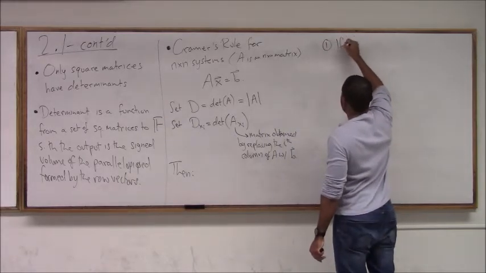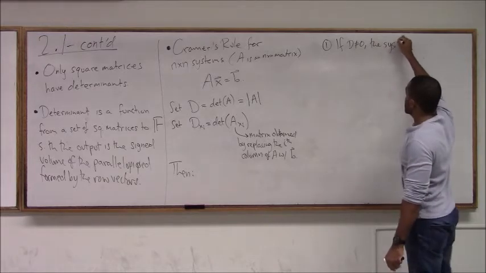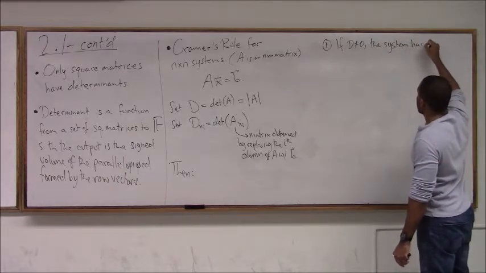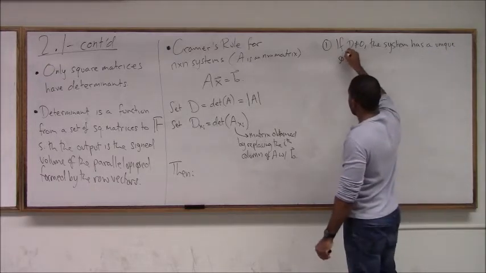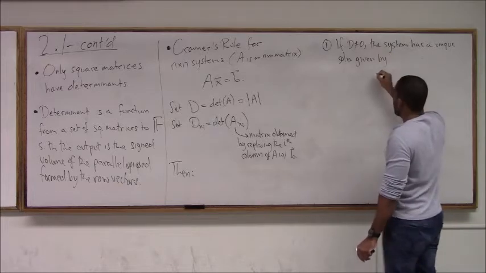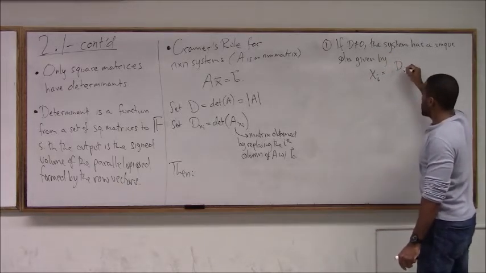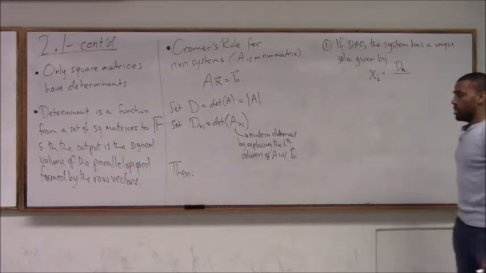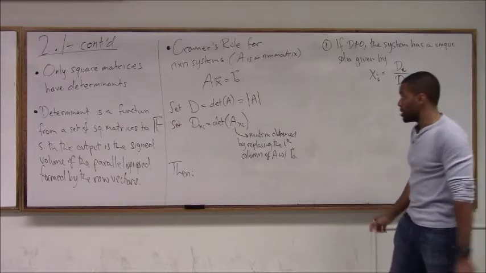One, if D is not 0, the system has a unique solution. Given by, to solve for each variable, you just take the determinant of that matrix divided by the determinant of the coefficient matrix.